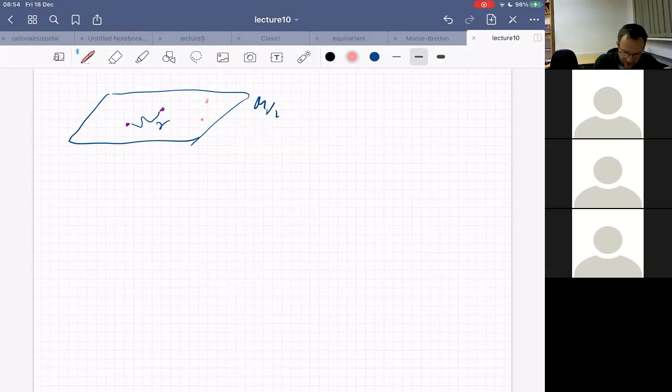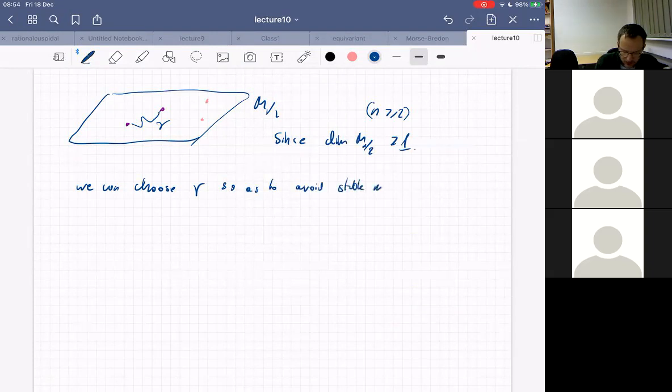Since the dimension of M_{1/2} is greater than 1, this is where we use that n is greater or equal than 2: we can choose gamma so as to avoid stable manifolds of index 1 critical points.